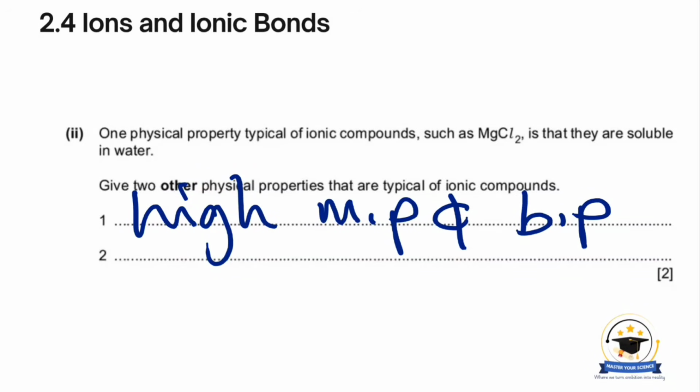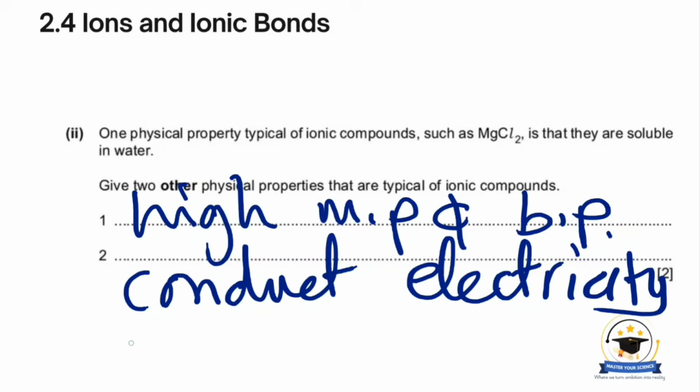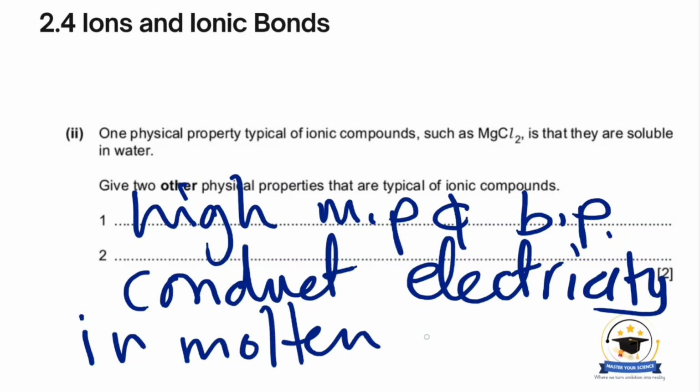And then the second property is that ionic compounds conduct electricity in molten or aqueous state. Ionic compounds do not conduct electricity in solid state.